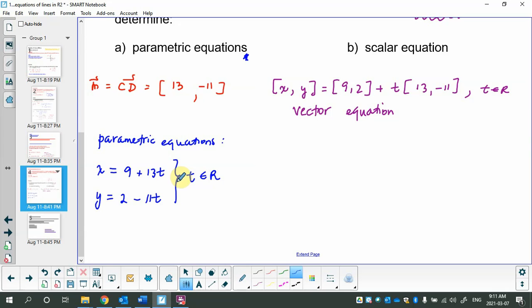All right, let's look at the scalar equation. I think this is kind of awesome because it links a whole bunch of math together. Some of you are not going to like this, but oh well. So I want to write down this again.